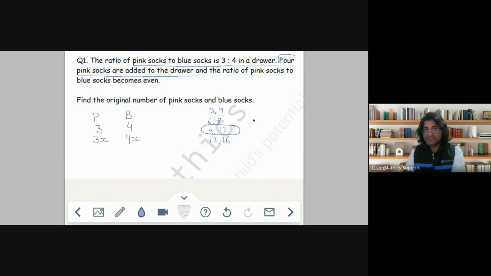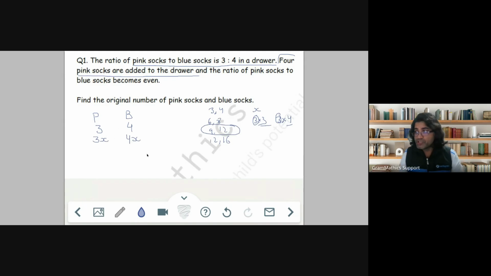So this 9 is nothing but 3 times 3, and this 12 is nothing but 3 times 4. The ratio is 3:4, which means this 3 is my x in that case. So 3x, 4x. X is 3, so it will become 9 and 12. If x is 4, it will become 12 and 16, and so on. Isn't it? So I just convert that 3:4 ratio into 3x and 4x.